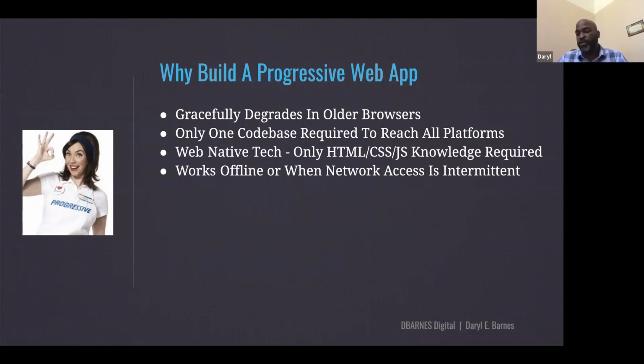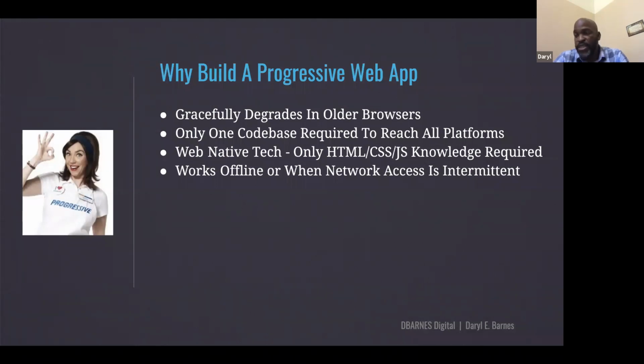One of the big benefits of that is that if you're working by yourself and all you know is HTML, CSS, and JavaScript, well, you can create apps that show up on your user's home screen just like native apps.